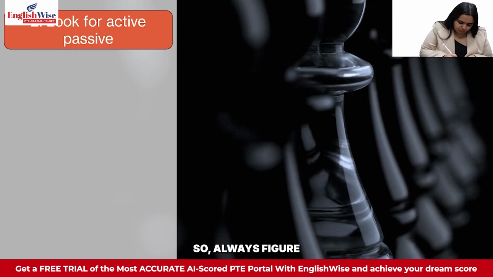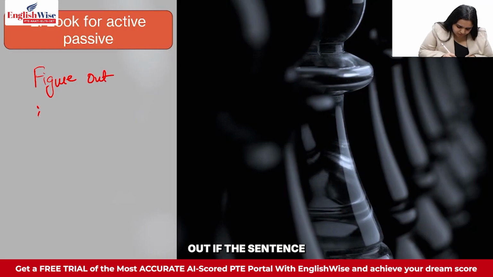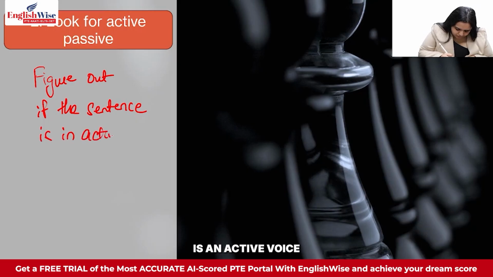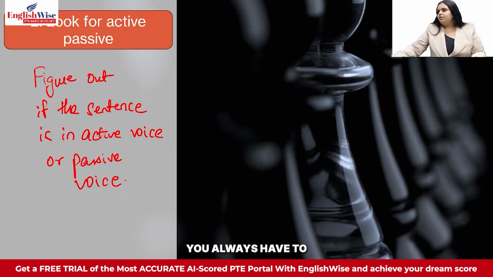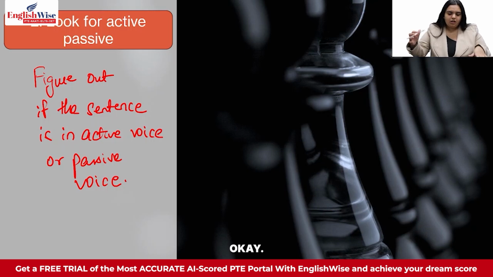So always figure out if your sentence is in active voice or passive voice. Why is it our step 2? Let's say if you go in the exam and you have such a kind of question.